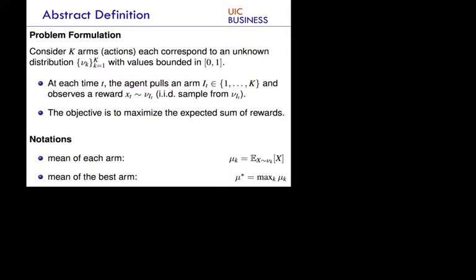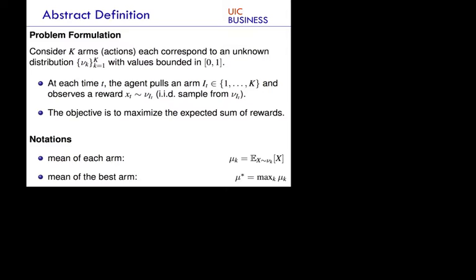Let's say I take another action at time t plus 1, there's going to be another reward x_{t+1}, and if it happens to be the same arm, it's going to be independent. That's all I mean by an IID sample from the distribution.